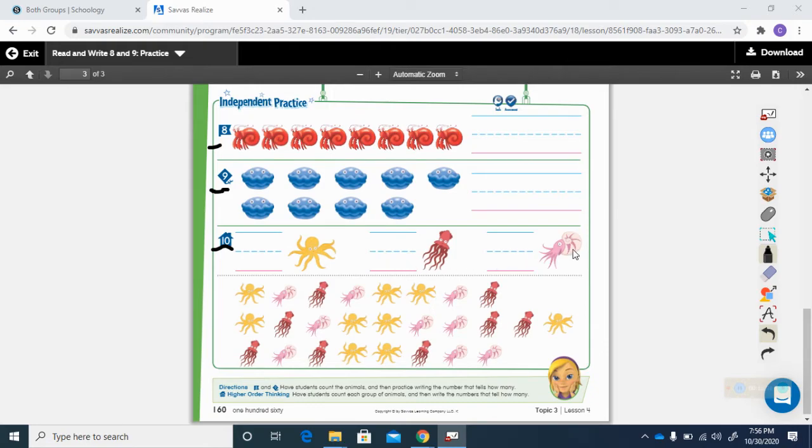Now this little creature, he is a shrimp. And so we are going to count the number of shrimp, and then we're going to write it right here. Go ahead and do that. Count the octopus and put that number here. Count the squid and put that number here. Count the shrimp and put that number there.